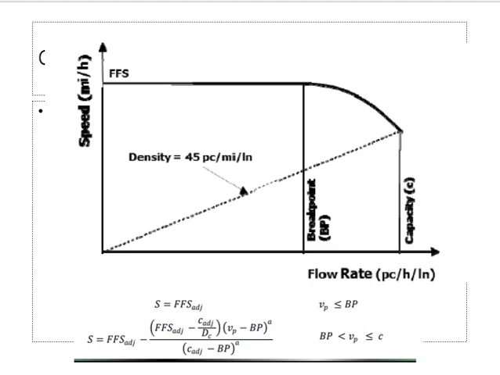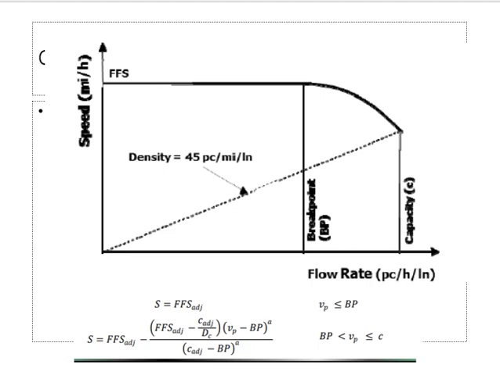Now, this is a curve. Curve means every point x and y is changing. What is my x? Flow rate. What is my y? Speed. So I need an equation between flow rate and speed. This equation applies when you are crossing the breakpoint.